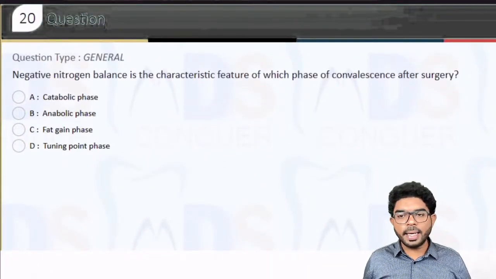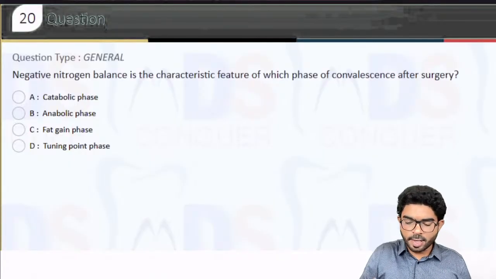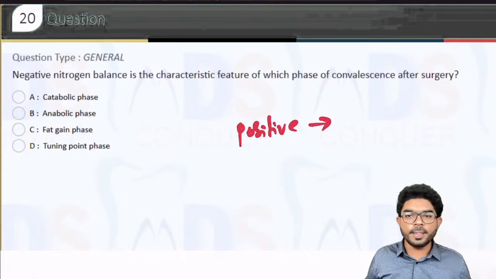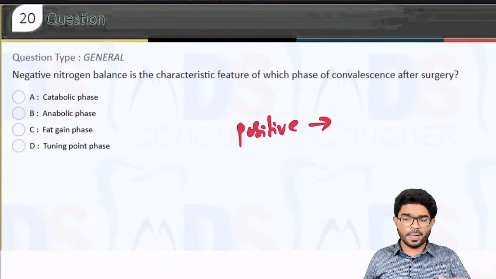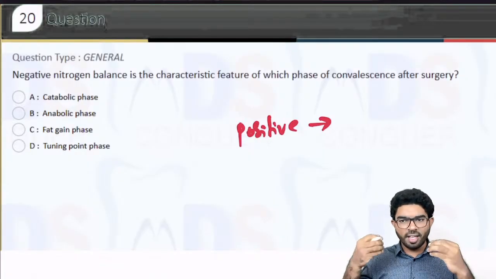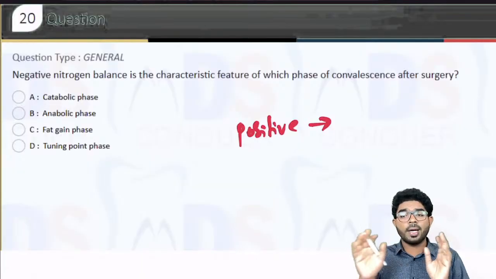So talking about negative nitrogen balance, I discussed this nitrogen balance concept, the positive nitrogen balance concept. Nitrogen balance is nothing but how much nitrogen you take and how much nitrogen you lose, whether from urine, feces, or sweat. If you take more than what you lose, that is called positive.